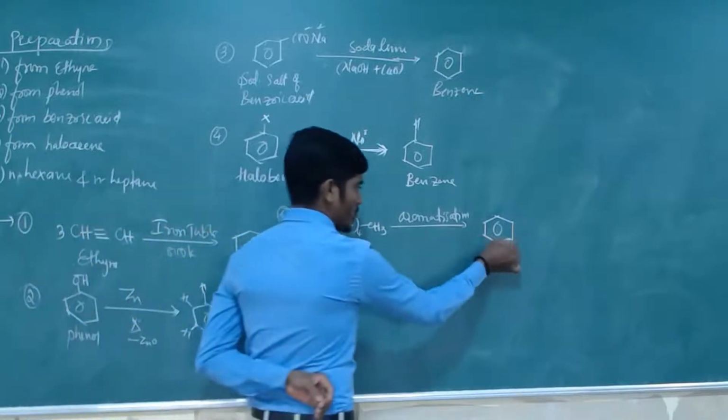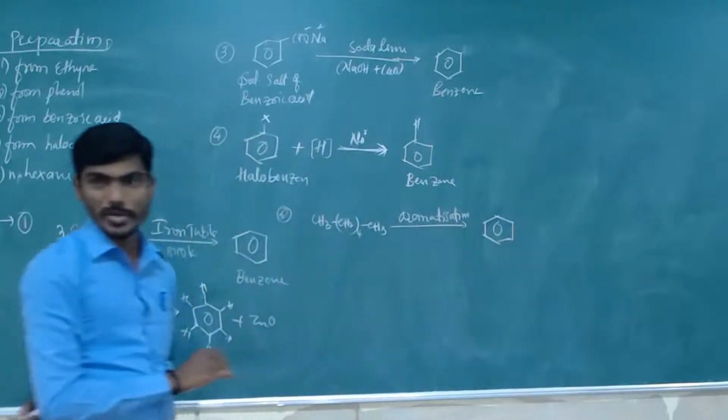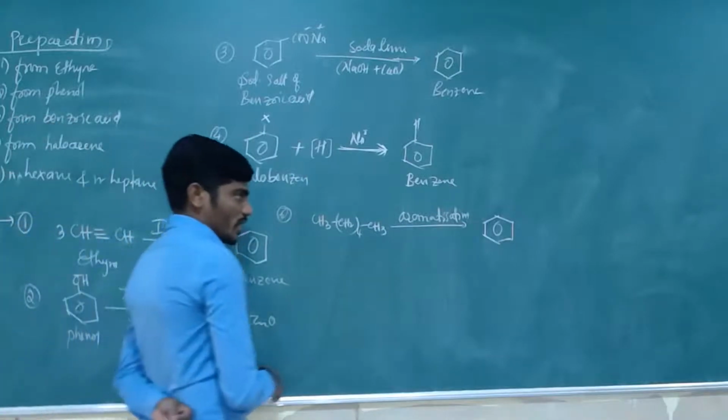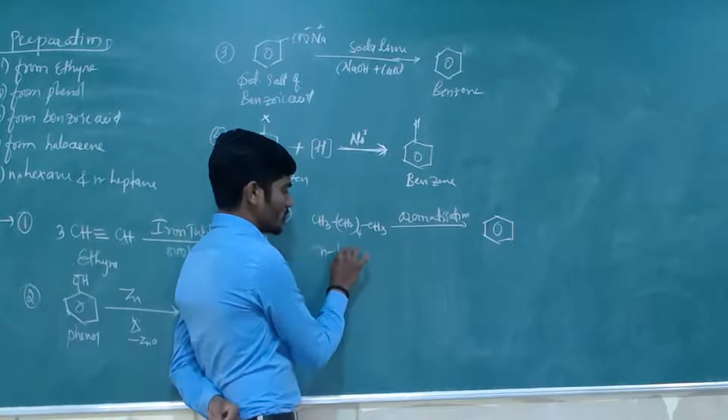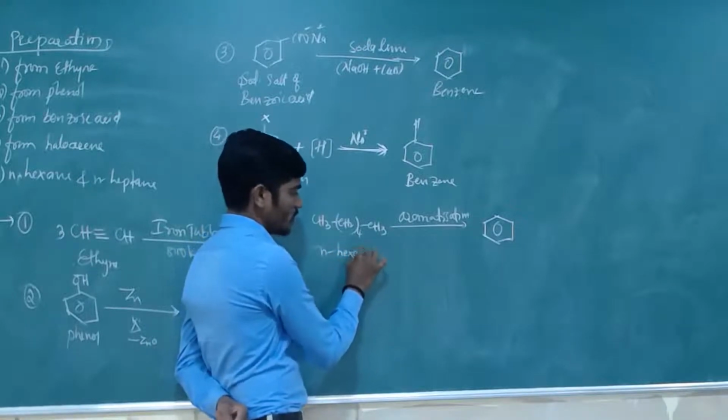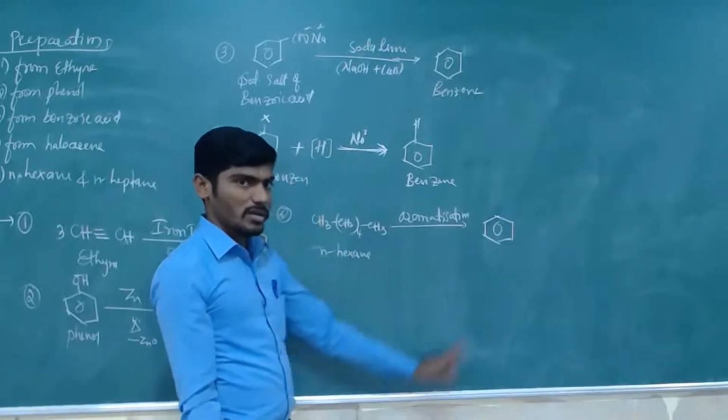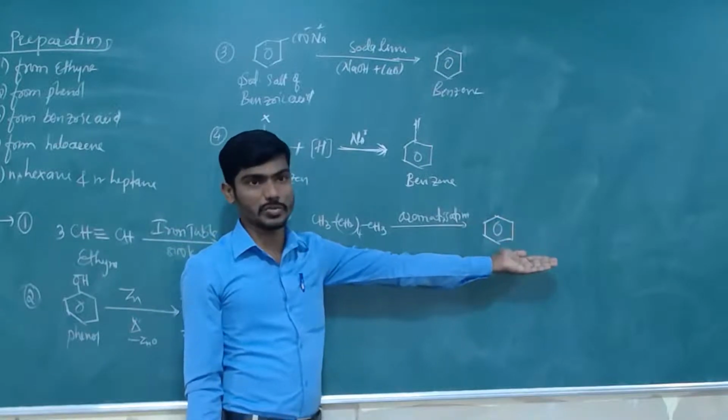If it is N-heptane, the benzene derivative toluene is produced.